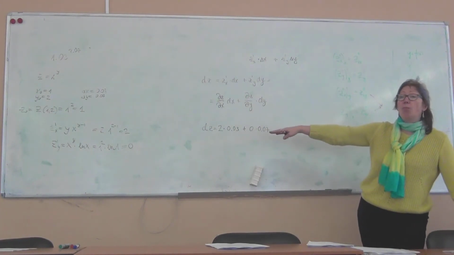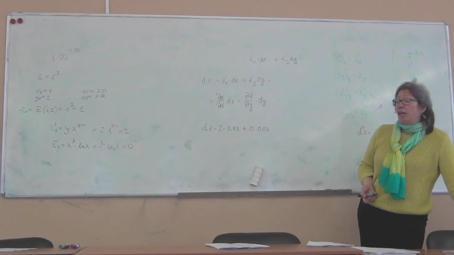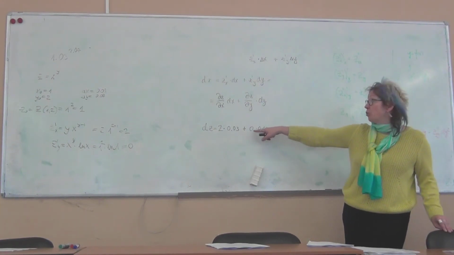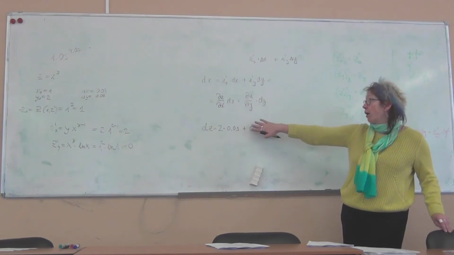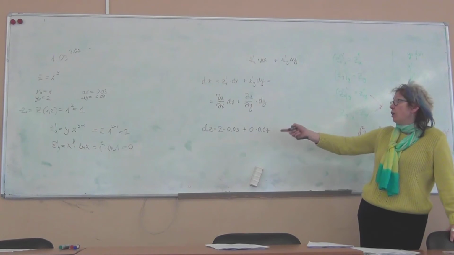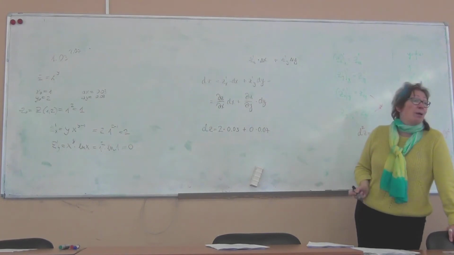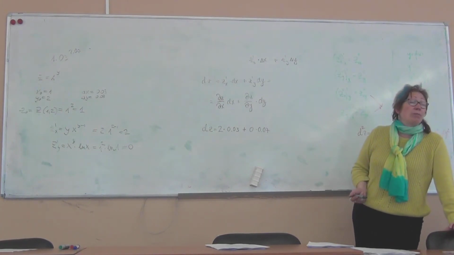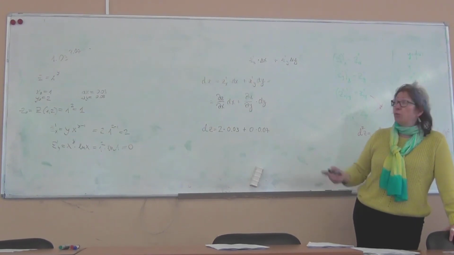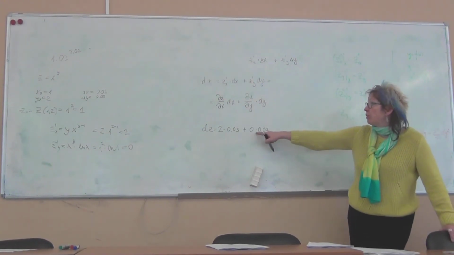I'm writing out the complete expression. Yes, I know I could skip this, because as soon as I see that it's going to be 0, I could just stop there. But I want to write down the complete expression, because in other exercises, in other questions, in other situations with other functions, it might be something different.